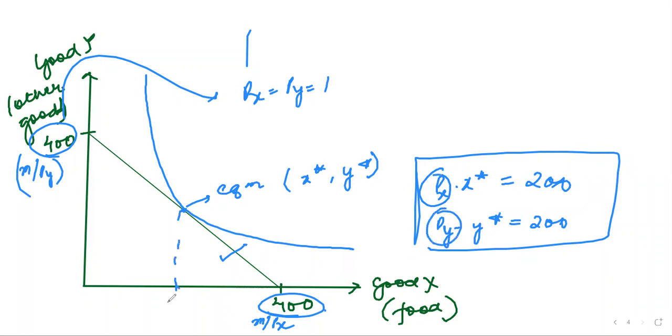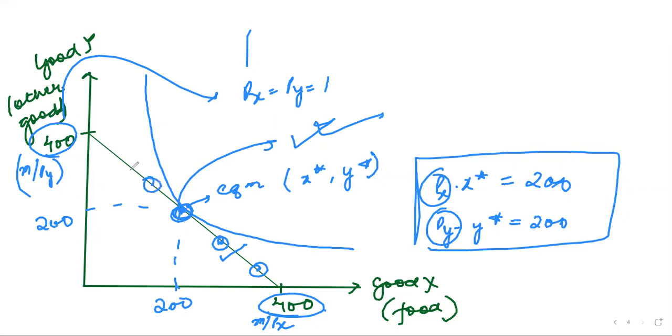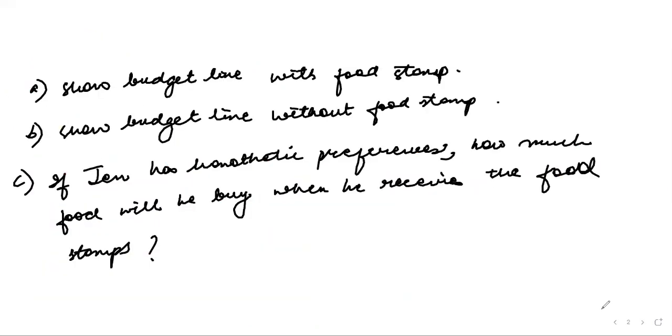Ideally, in that case I will have 200 and 200 as one of the points, but any other point is also possible. All these points are possible. So this is the budget line without the food stamp program.